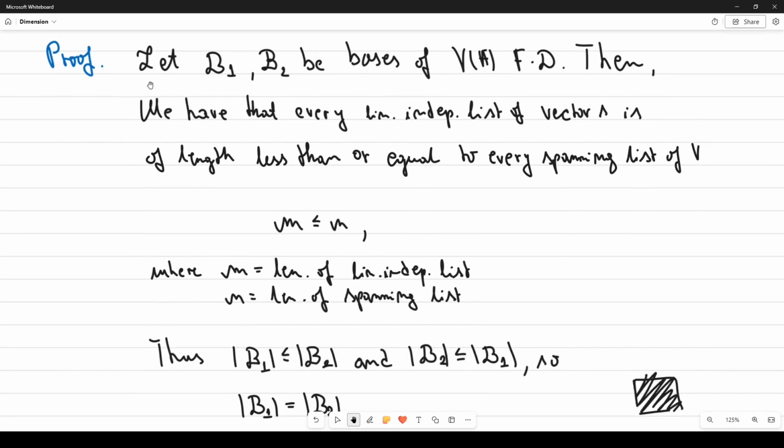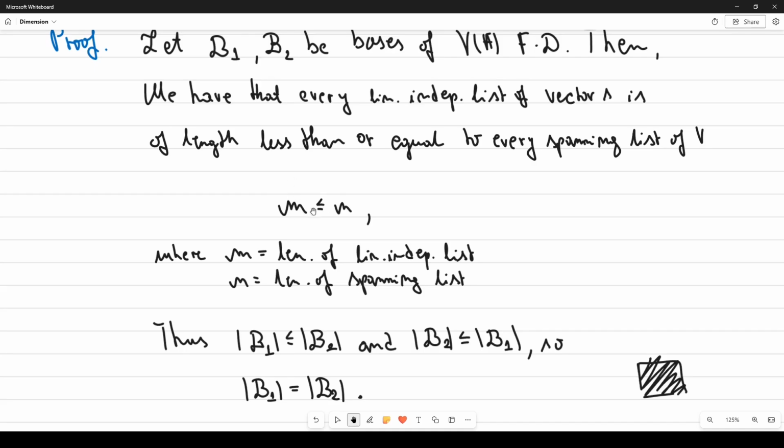So let B1, B2 be bases of V, which is finite dimensional. We have that every linearly independent list of vectors is of length less than or equal to every spanning list of V. So we have that M is less than or equal to N, where M is the length of a linearly independent list, and N is the length of a spanning list.